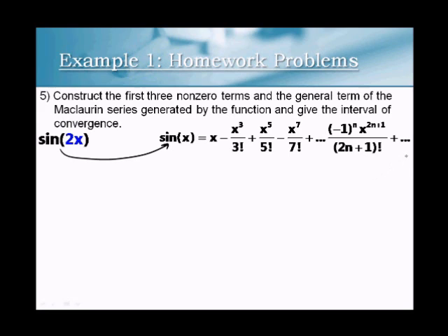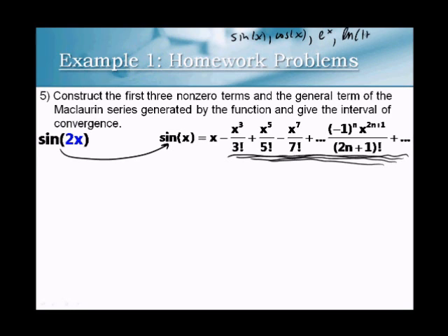By the way, for now you might be looking these up in your notes when you need them on your homework. By the time we finish this chapter, these are going to need to be memorized. It's really important that for the basic trig functions, sine of x and cosine of x, you have their Maclaurin series memorized. e to the x we're going to have to memorize.